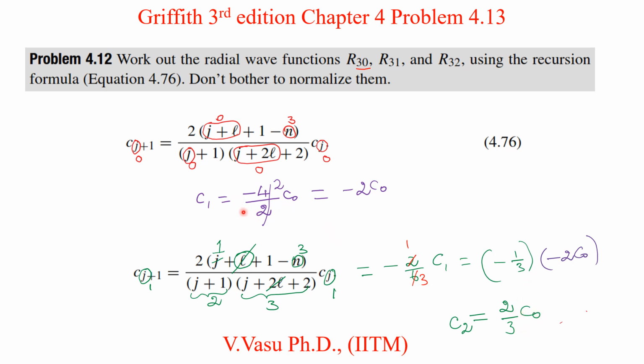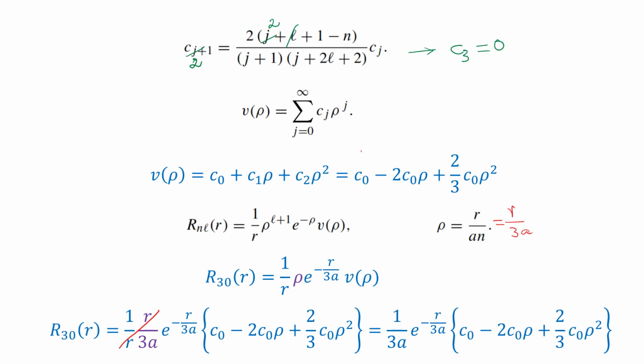Now you know c1 is minus 2 c naught and c2 is 2 over 3 c naught. Then we will see what will happen to c3. Here you can take the same thing. Let j be 2. Then c_{j+1} is c3.